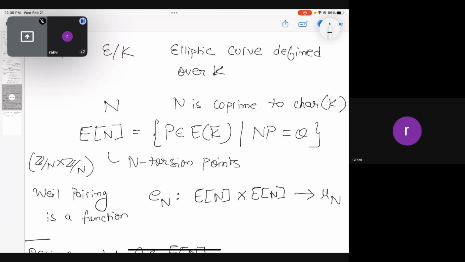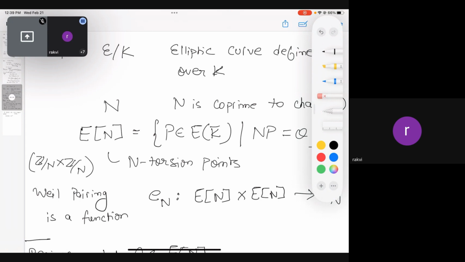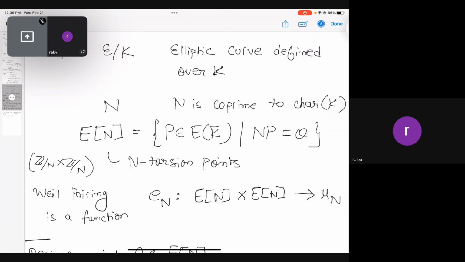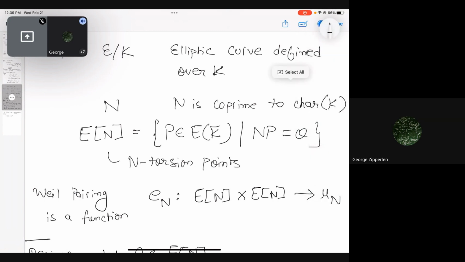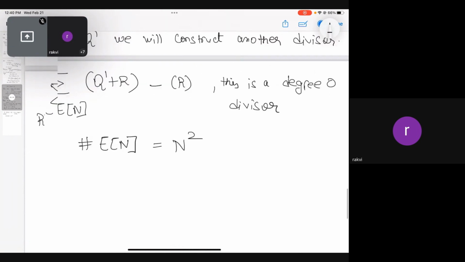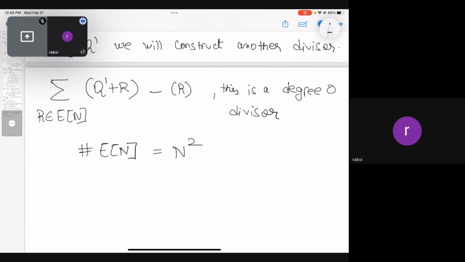So as a group, it's isomorphic to Z mod n cross Z mod n, and this set has cardinality n square. This is because you can cut your torus open into a rectangle. And that is why this won't work with higher genus. So this set has cardinality n square.